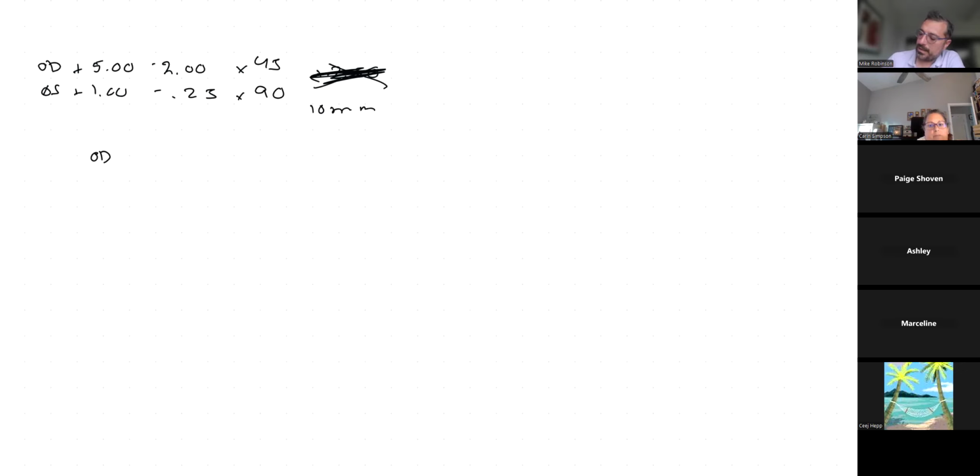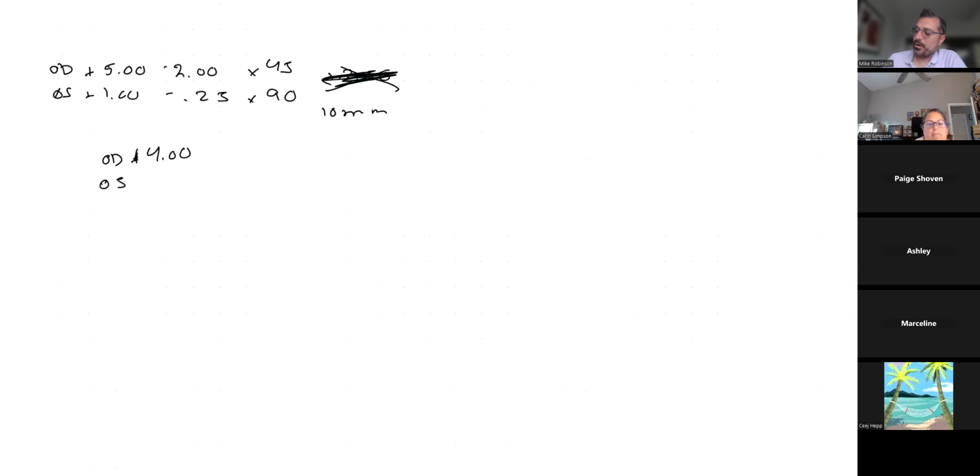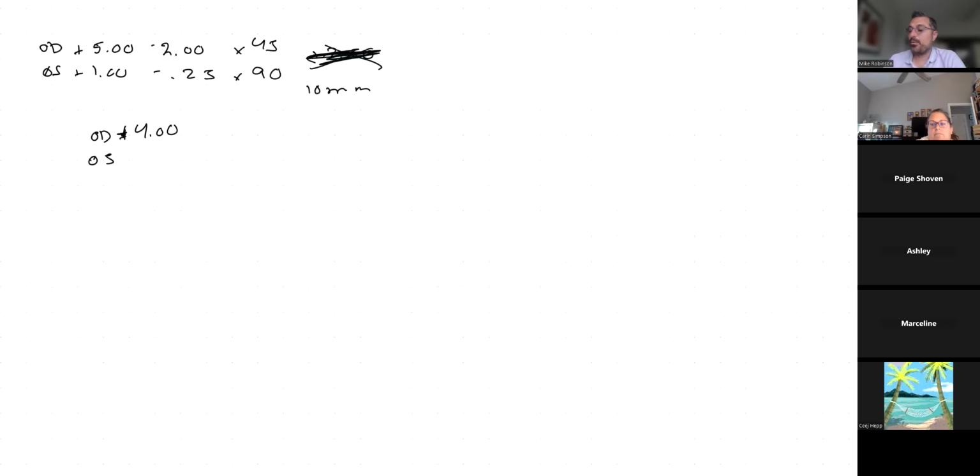It's +4. And for the left eye, the OS, that is going to be +1. So you're still looking at the power in the 90, and you are just using that number because that's the only number that's really important for this to work.